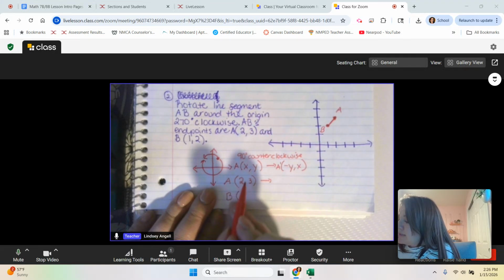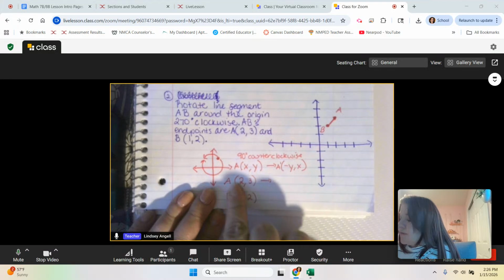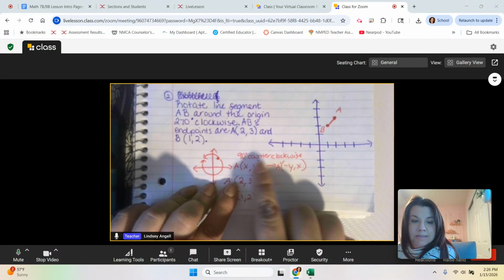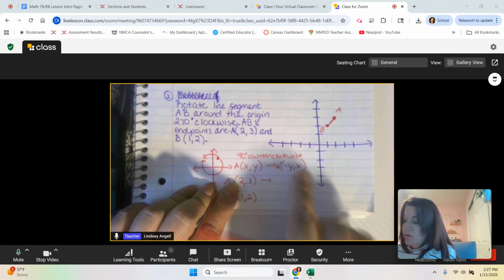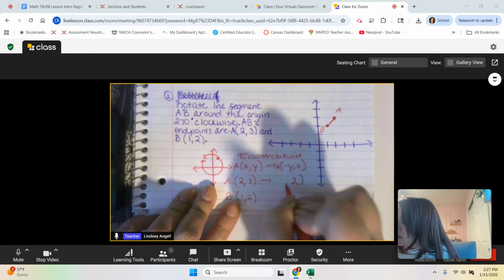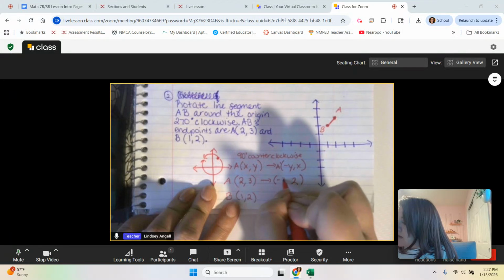So if this is my logic, let's see, 2, 3, and then 1, 2. Let's just focus on point A. Well, in this case, my x value moves to where my y value was. And then I'm going to take the opposite of my y value and move it into my x value. So that would be negative 3.